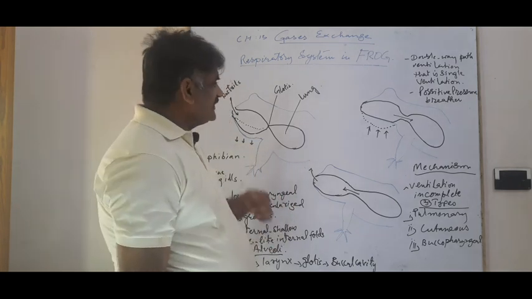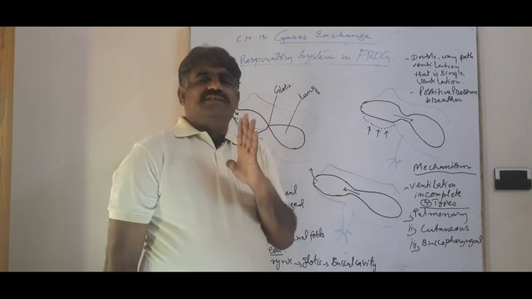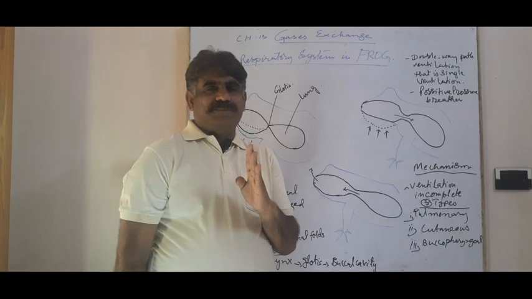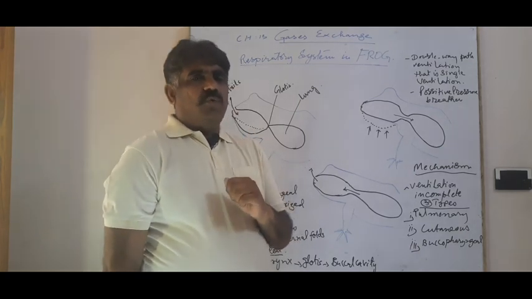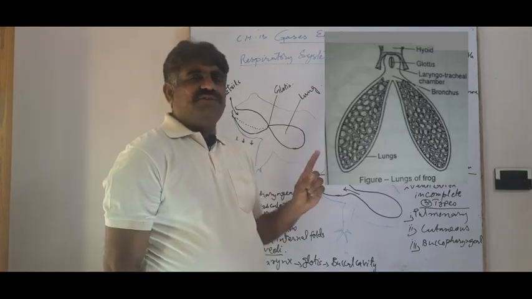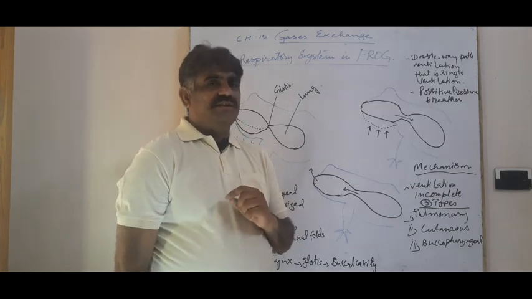But before discussing lungs, we should know that there are three ways or three methods of respiration in frog. One through lungs as terrestrial adaptation, that is called pulmonary respiration.